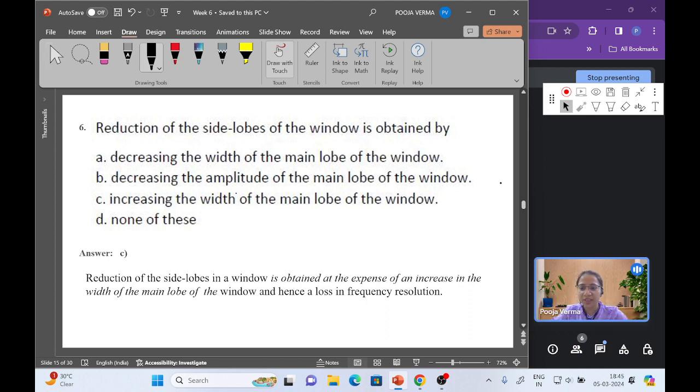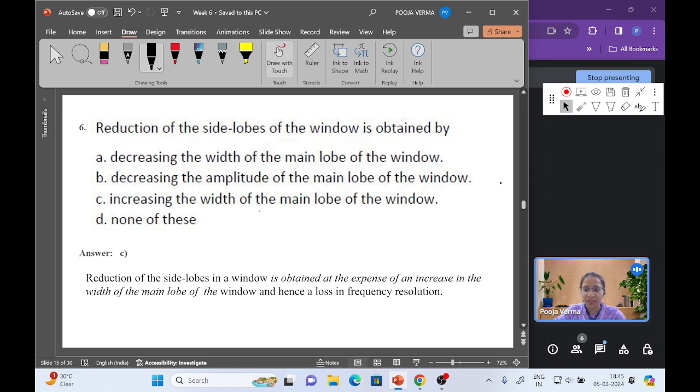So how can we reduce the side lobes of any window function? I think in the lecture video you have already gone through the different types of window functions, that is rectangular, Hamming, Bartlett, and other windows, and you must have seen their side lobes in the frequency domain.